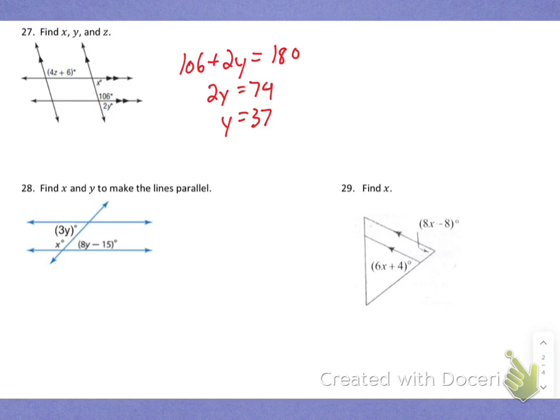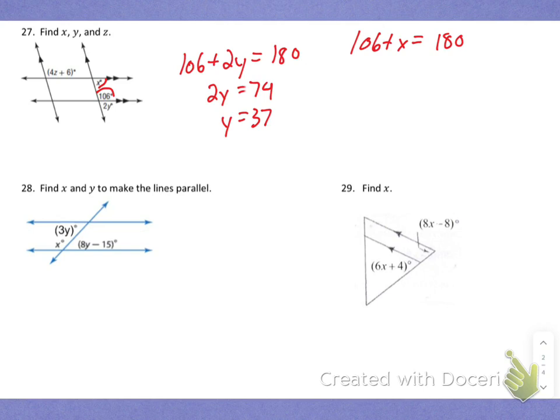So for the x, we have the x here, and we have the 106 right there. So we have same side interior, okay? Same side interior angles are also going to be supplementary, so I'm going to have 106 plus x equal to 180.